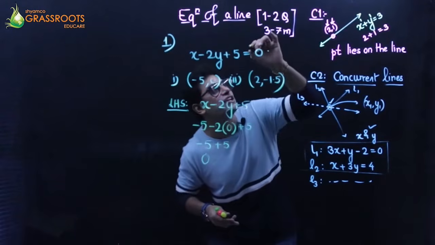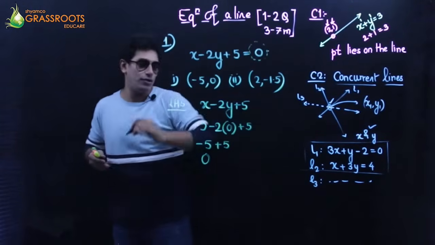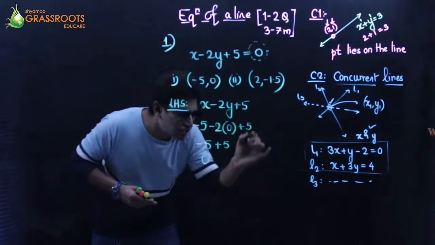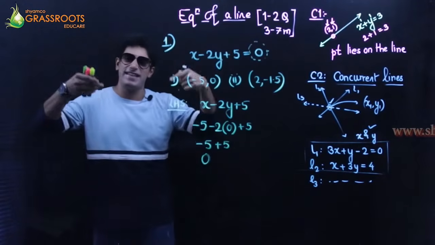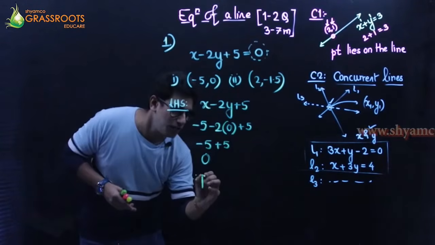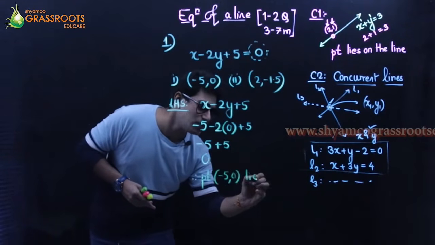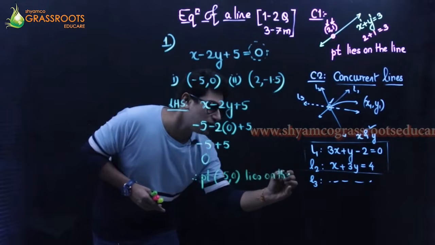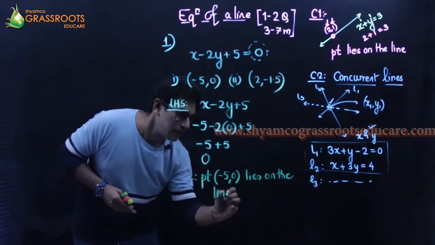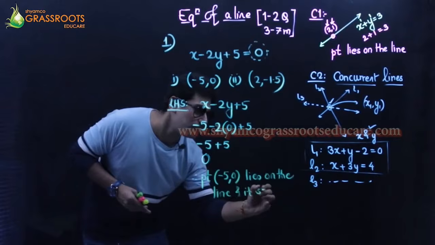Isn't this equal to RHS? Yes. So if LHS is equal to RHS, therefore the point minus 5 comma 0 lies on the given line and it satisfies the equation.